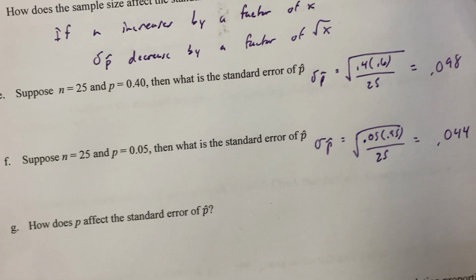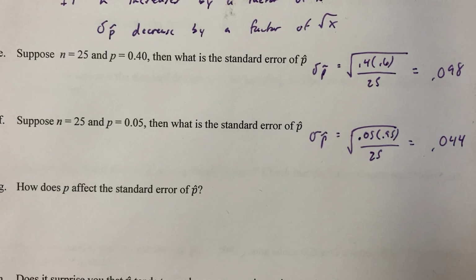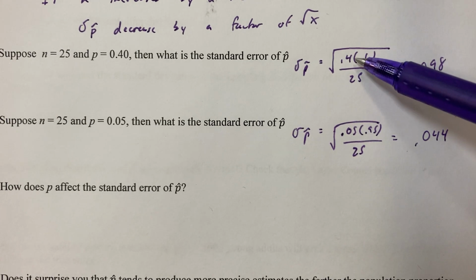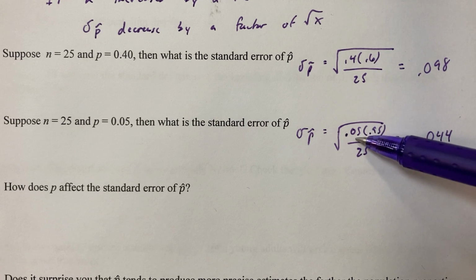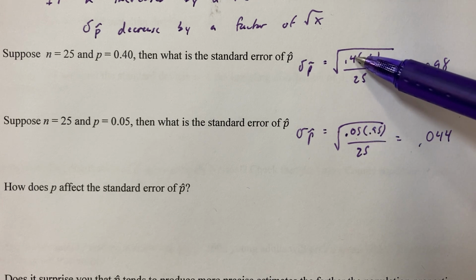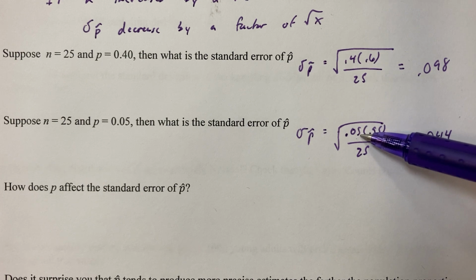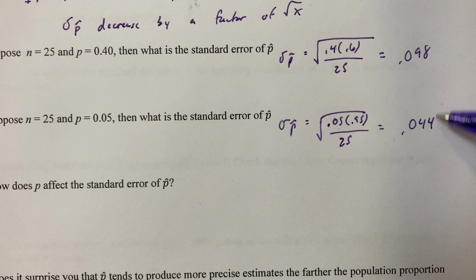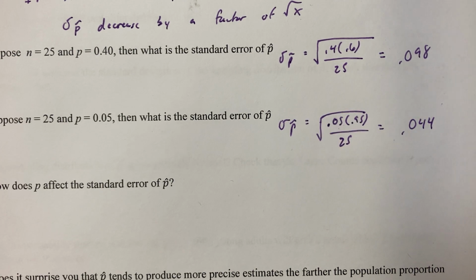That's just coincidence that these two are the same. Don't look into that. But as we can see, what happened is if I go further from 0.5, okay, this is 10% away from 0.5, and this is 45% away from 0.5, you can see that the standard error went down. It's because I'm making the numerator smaller, which makes this overall smaller.